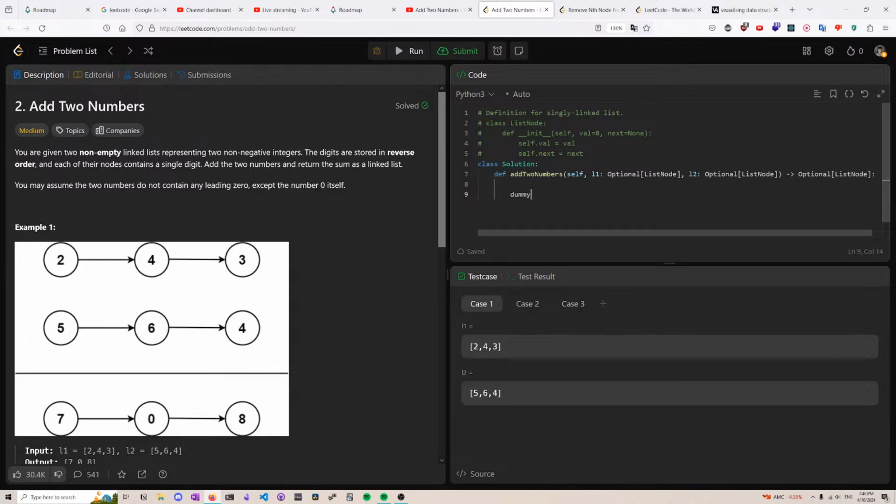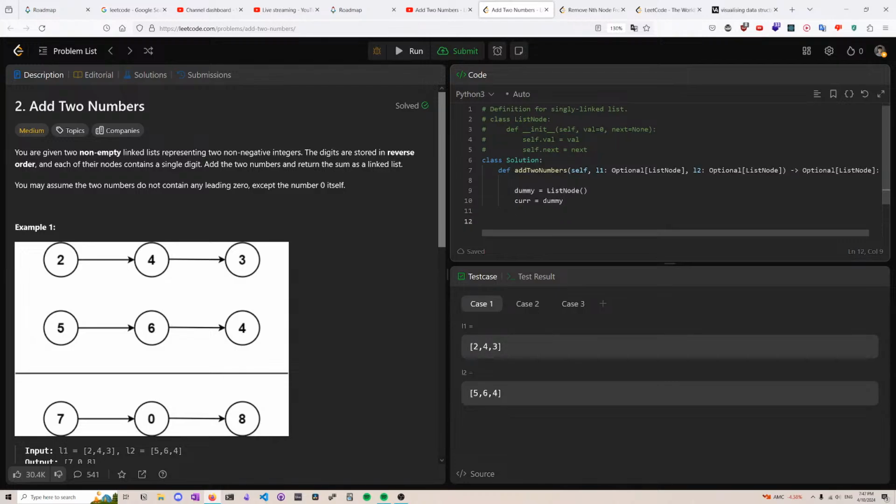The start is dummy equals ListNode. If you don't put anything, it defaults to 0, and next is equal to None. Create a reference to the dummy head.